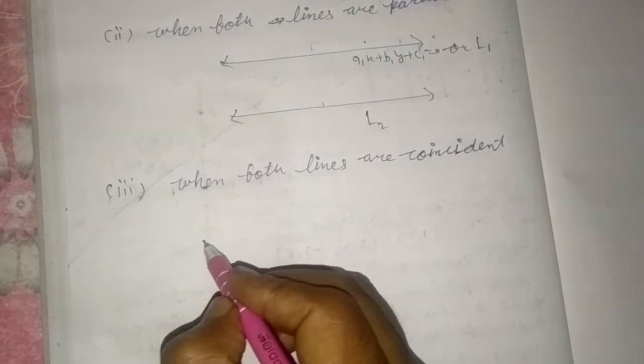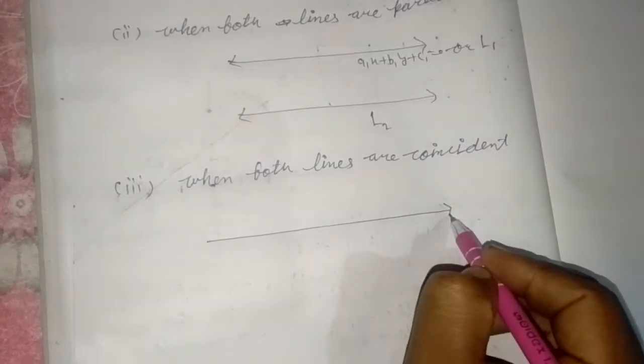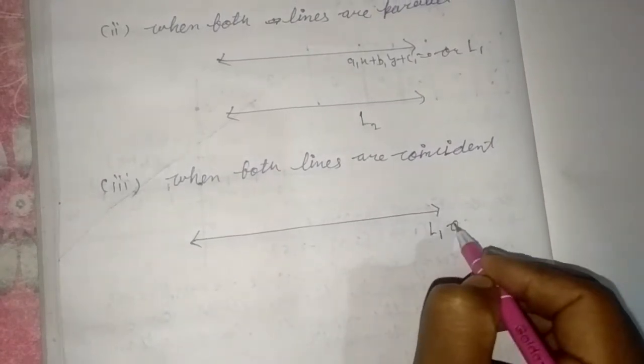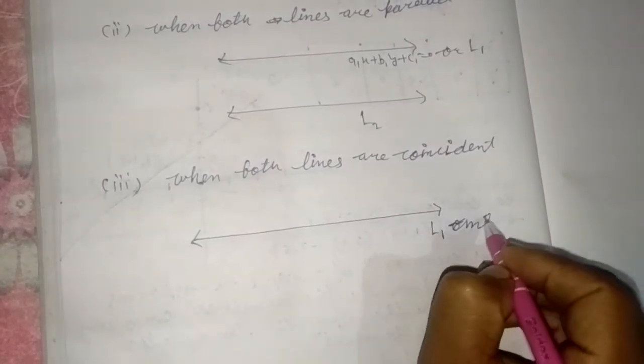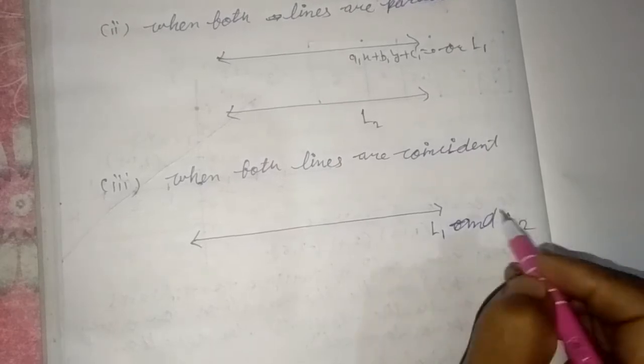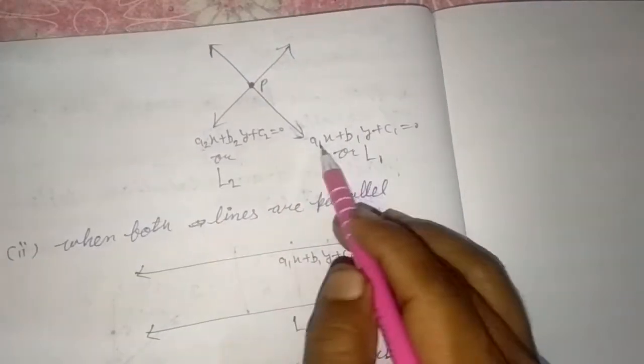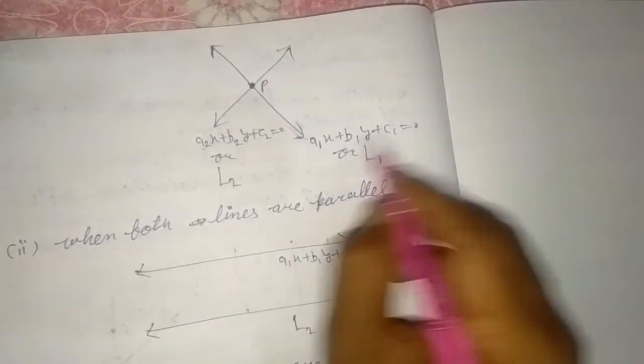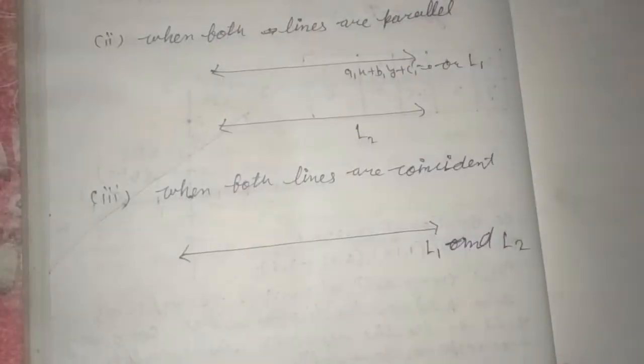Okay, so in this way your figure will be L1 and L2. L1 means this equation, and L2 means this equation.